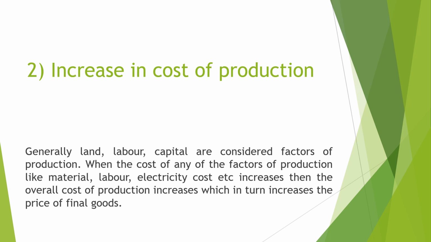Sometimes because of a shortage in the supply of material, the material cost may increase. The electricity cost may increase from time to time, depending on the electricity service provider companies. So for various reasons, many times the cost of production, or the factors of production cost, increases, which in turn increases the price of final goods, and this is a cause of inflation.